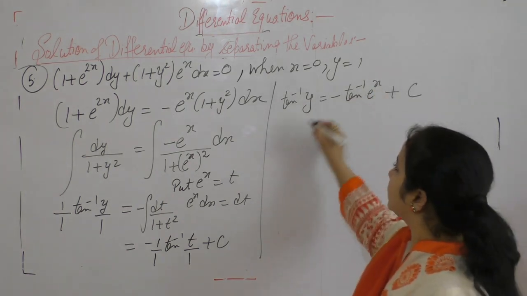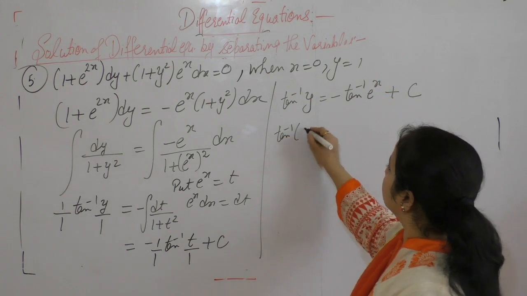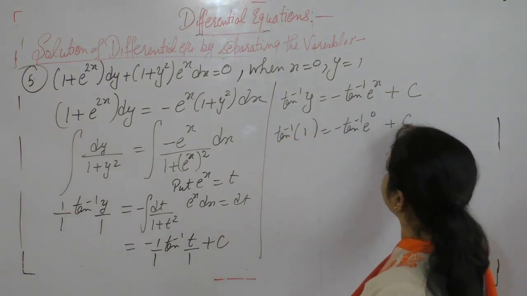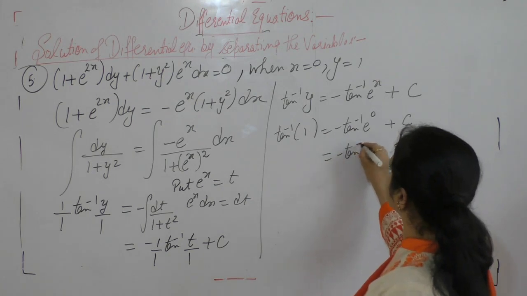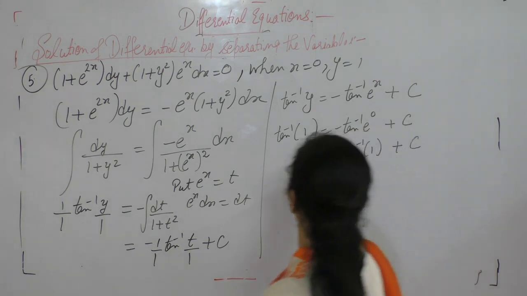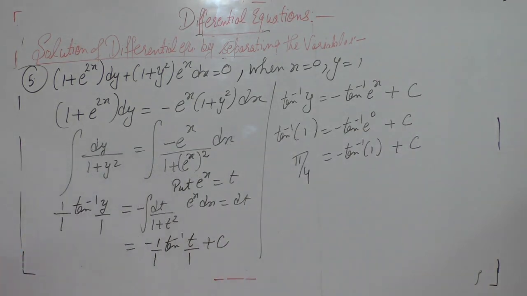When x is 0, y is 1. X is 0, something power 0 is 1. Tan inverse 1 is pi by 4.